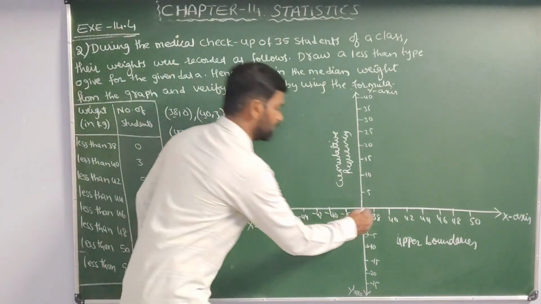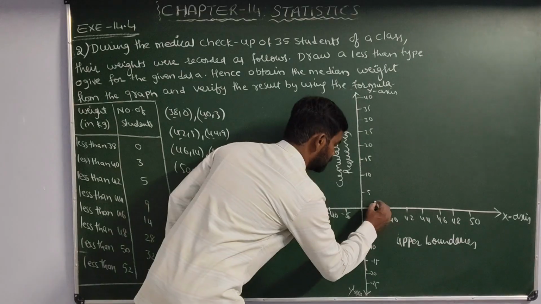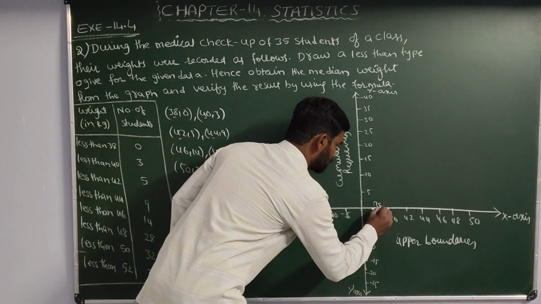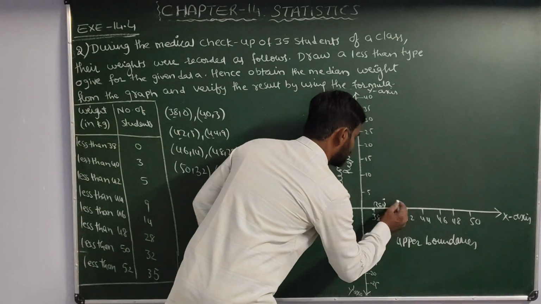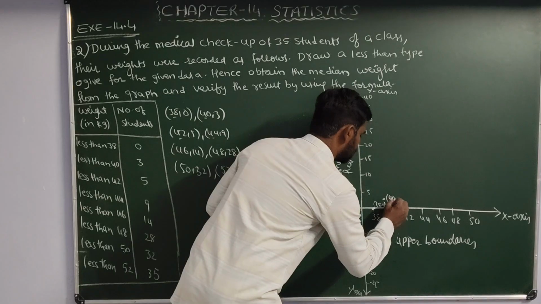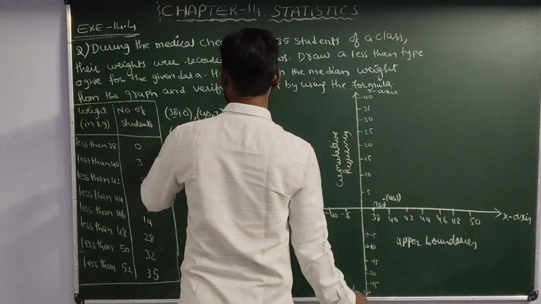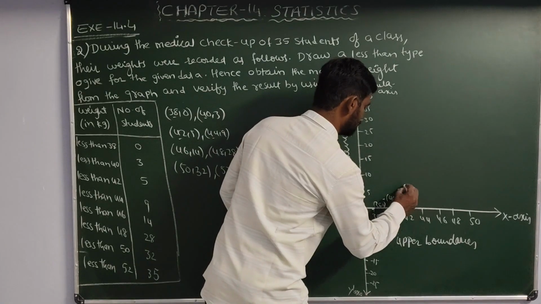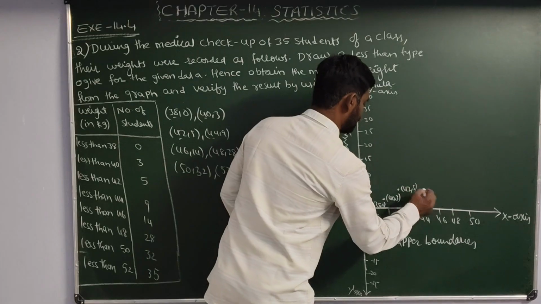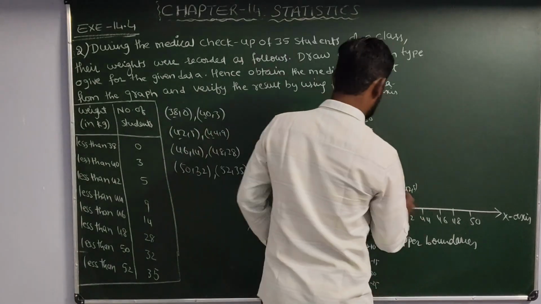38, 0. Here it will be 38, 0. Next, 40 and 3, somewhere here. Next, 42, 5. So 42, 5 will be here. Next, 44, 9.